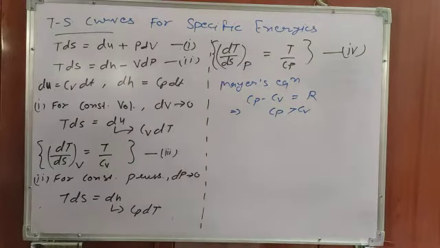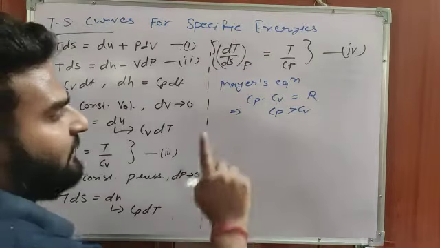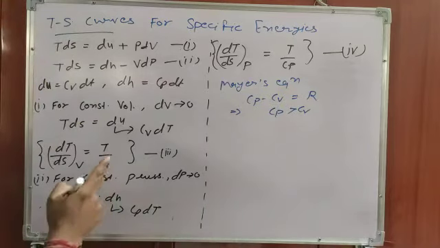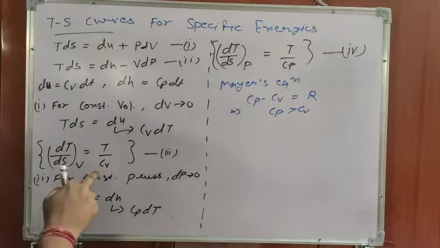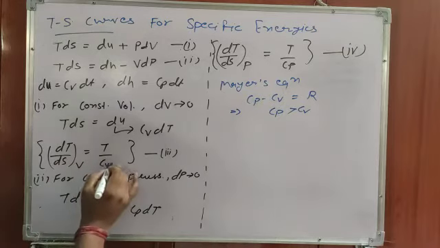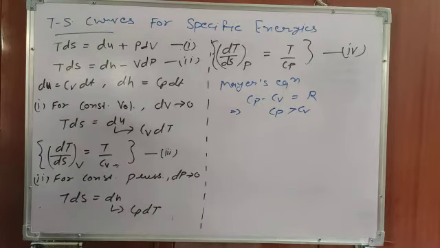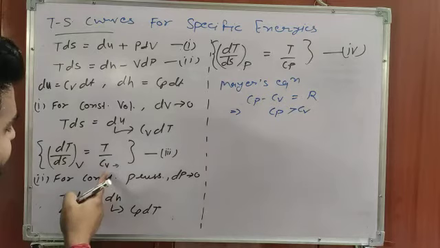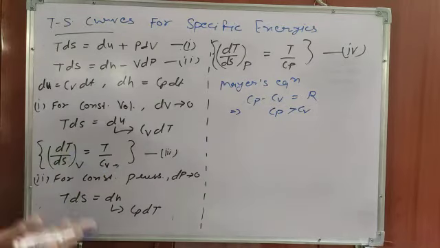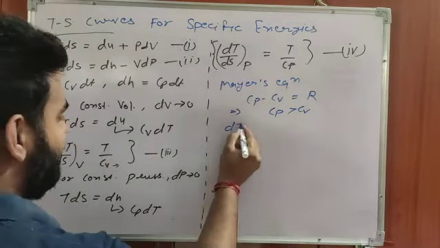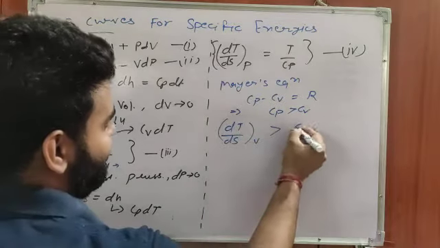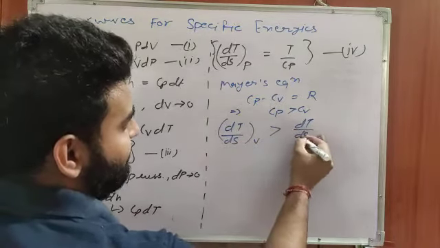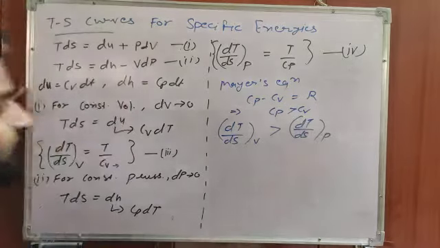So from this equation we can say that Cp is greater than Cv. Now if Cp is greater than Cv, from the third equation, Cv is in the denominator. If this term is less, then this term is more. So we can say (dT/dS) at constant volume is greater than (dT/dS) at constant pressure.